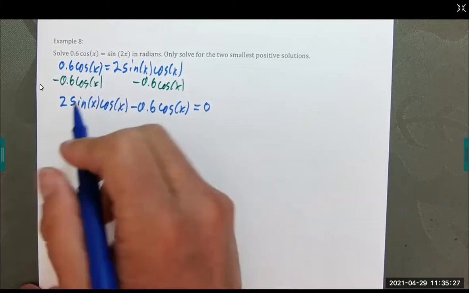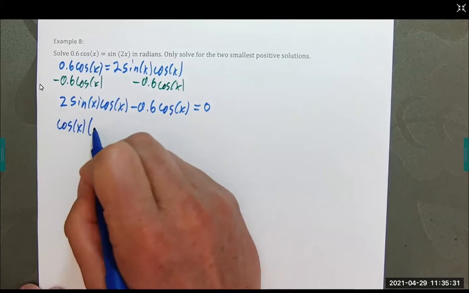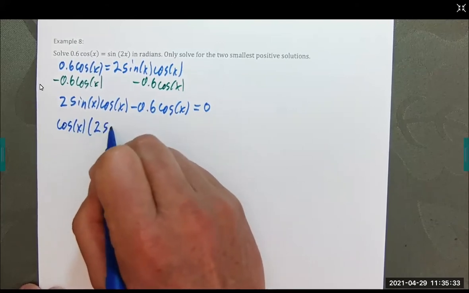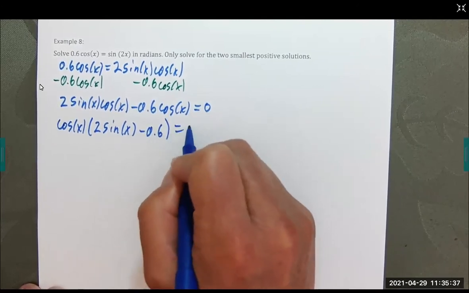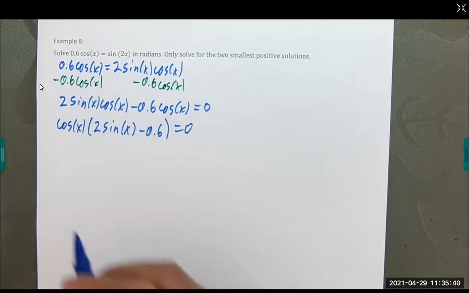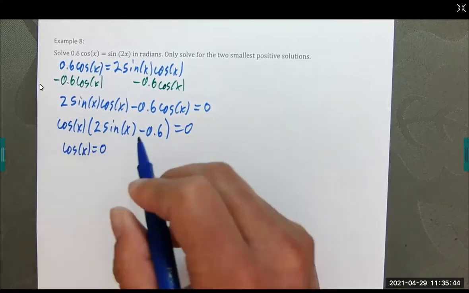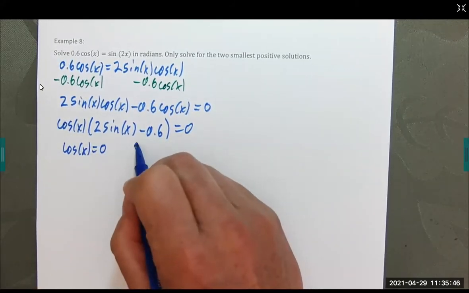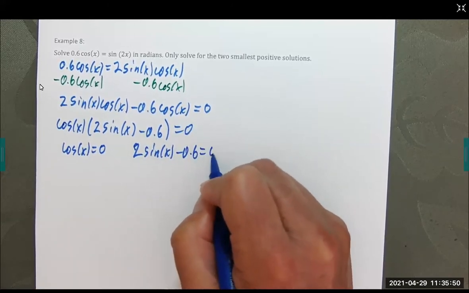They share a cosine x, so I'm going to factor that out. Cosine x times 2 sine x minus 0.6 equals 0, which means cosine x equals 0, and 2 sine x minus 0.6 equals 0.